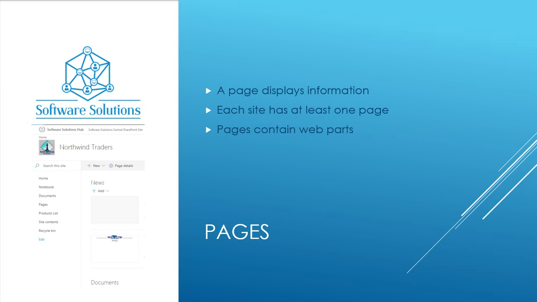Another term, or part of the anatomy of SharePoint, are pages. A page is what displays information that you see. Each site in the site collection will have at least one page, and a page typically contains web parts. Web parts are information such as news, such as documents, and it's basically the page that you view and interact with when you're looking at a SharePoint site.